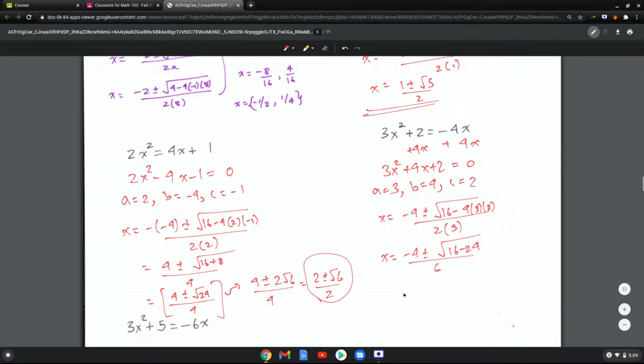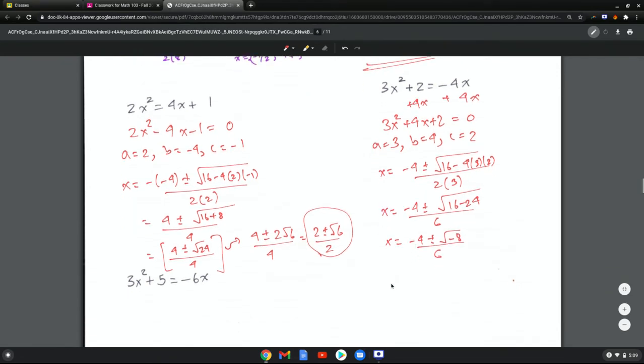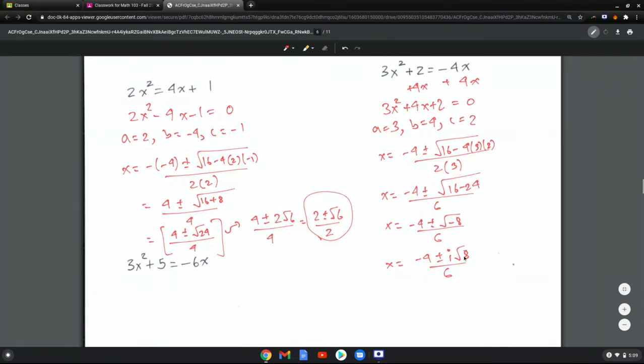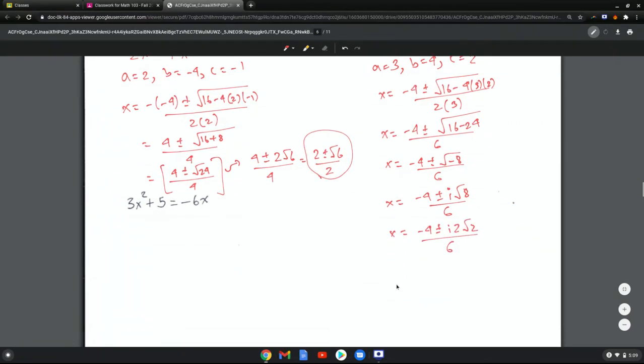So we're going to have a negative number in the square root here. Well, that's fine, because we know how to work with negative square roots now. That's plus minus i root 8 over 6. Now again, root 8 can be written as 2 square root of 2. So this is i 2 square root 2 over 6. And I can simplify this a little further by cancelling out the factor 2, and this is the simplest form of the solution.